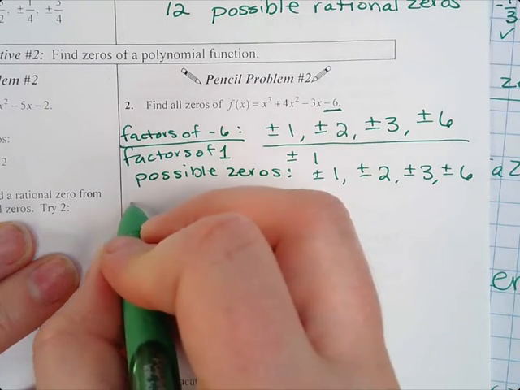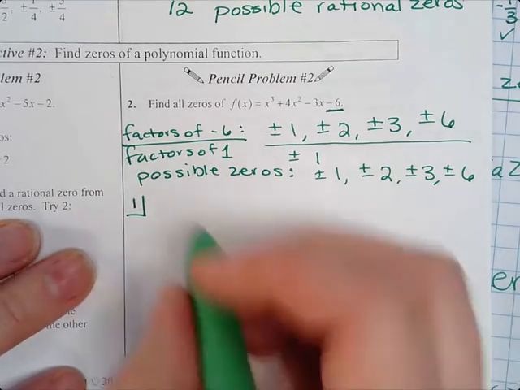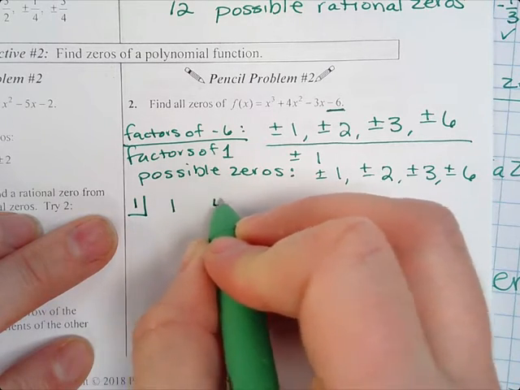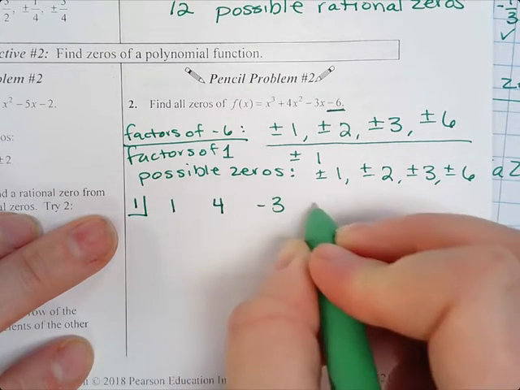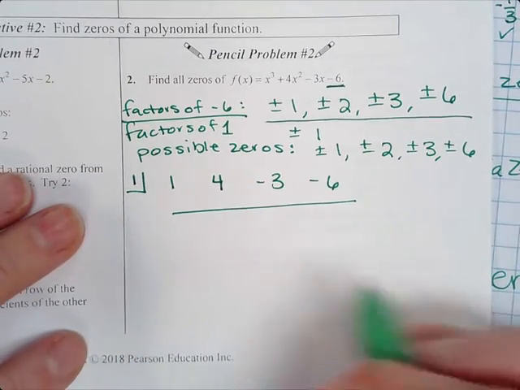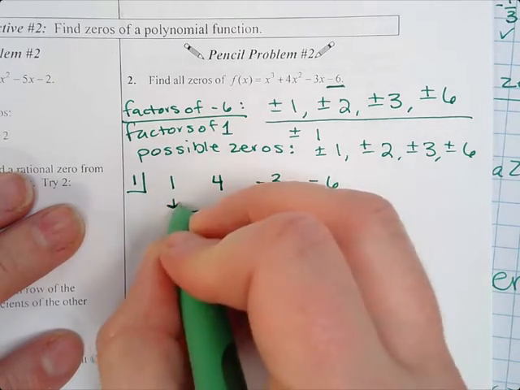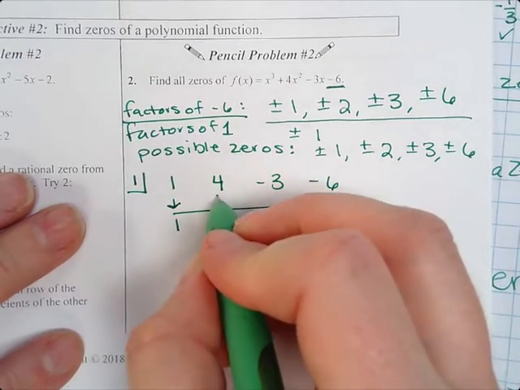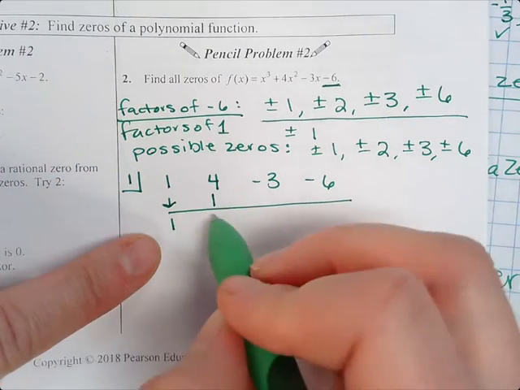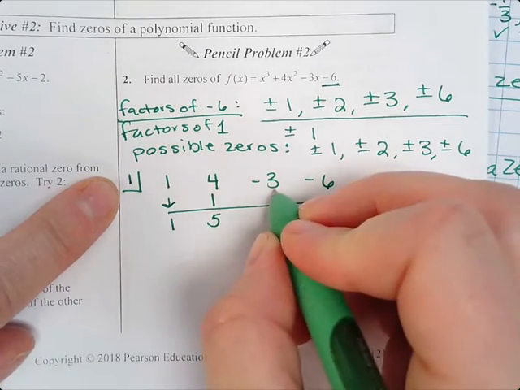So why don't we try 1 and see if that works? So we do the synthetic division. So list out your coefficients. So carry down the 1. 1 times 1 is 1. 4 plus 1 is 5. 1 times 5 is 5.